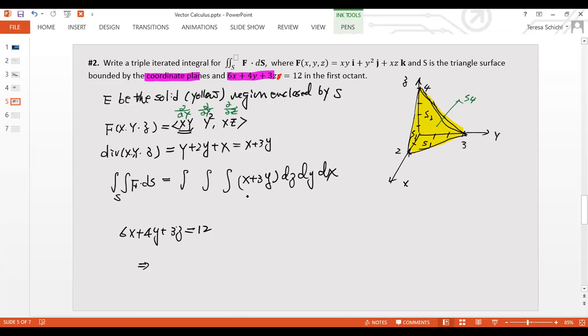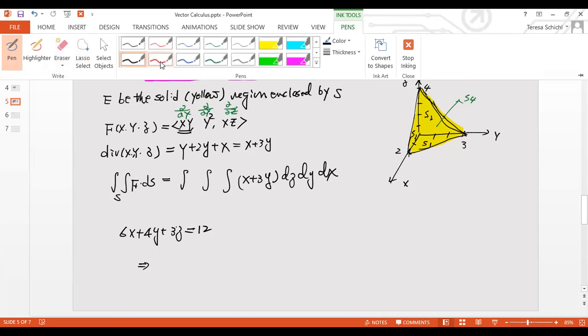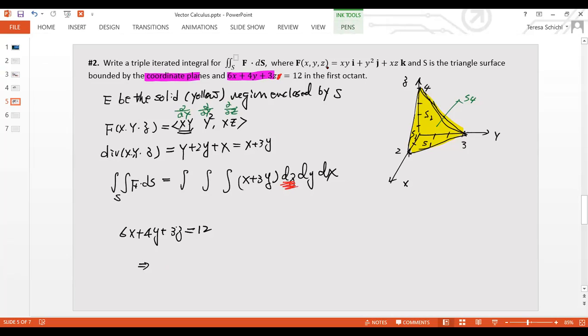So if you start with integrating from the z here, z is equal to 1/3 of 12 minus 6x minus 4y. So z is from 0 to 4 minus 2x minus 4/3 y here.